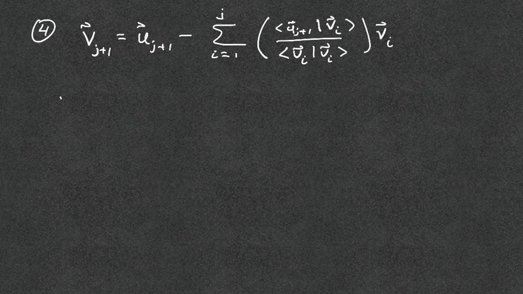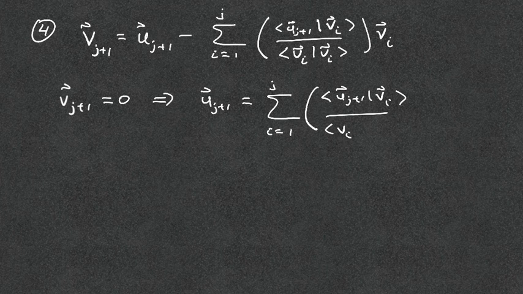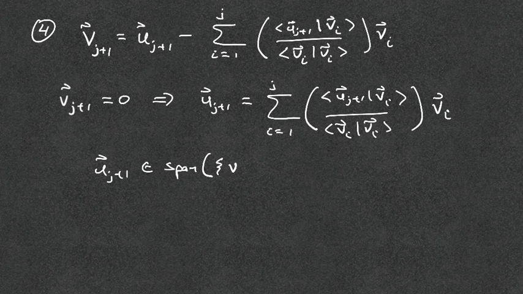Then if our v sub j plus 1 was going to be 0, then we would have that our u sub j plus 1 was equal to the sum, i goes from 1 up to j, of these projections, in the direction of my v sub i's, which makes u sub j plus 1 in the span of our set v1 up to v sub j.